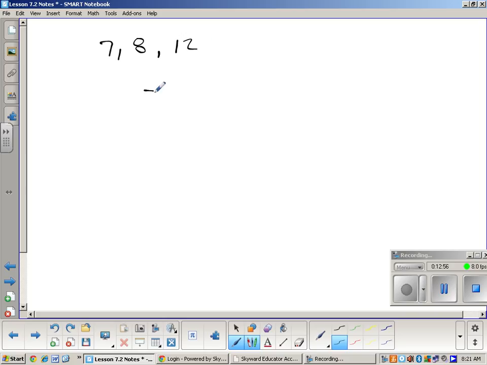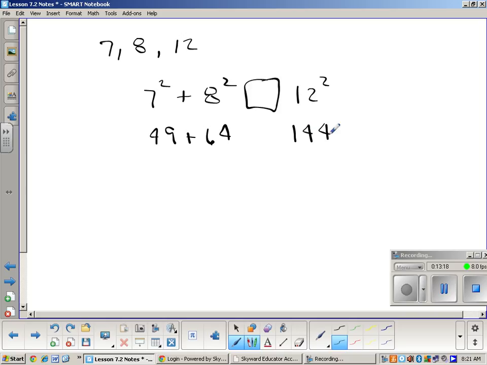Okay, so you mean 7 squared plus 8 squared, and then we don't know what goes in there, do we? Is it less than or greater than or an equal sign? We don't know, so just put a box there for now. So this was 49 plus 64, and this is 144. And we just said this is 113. 113 is less than 144.